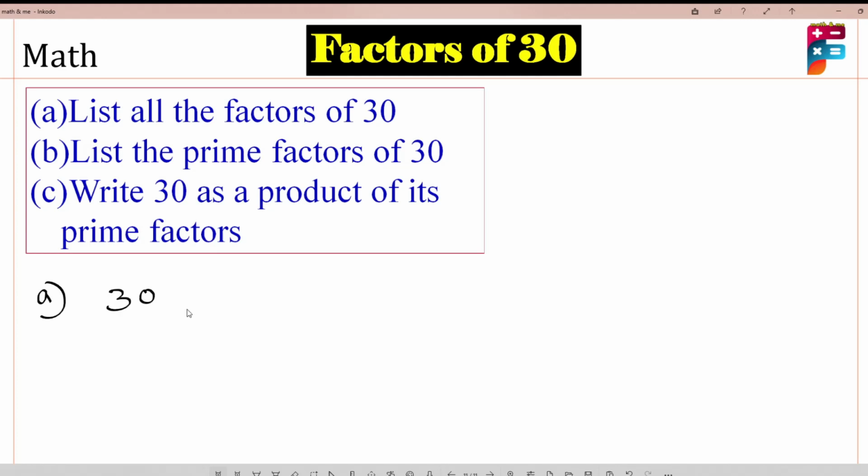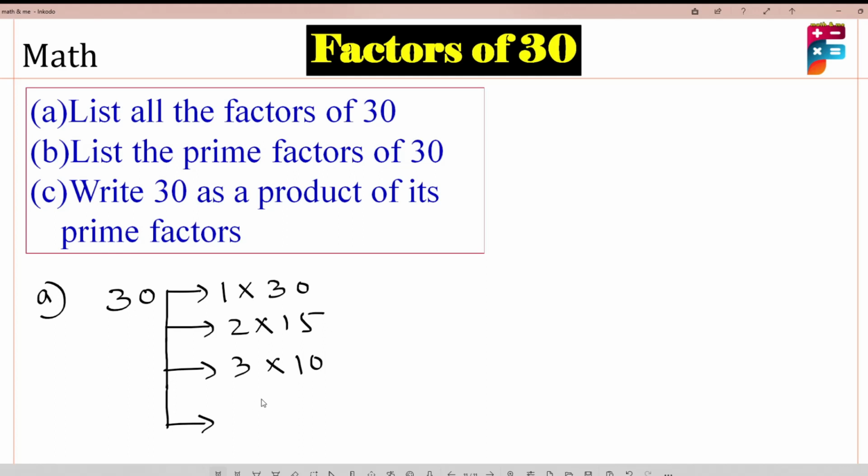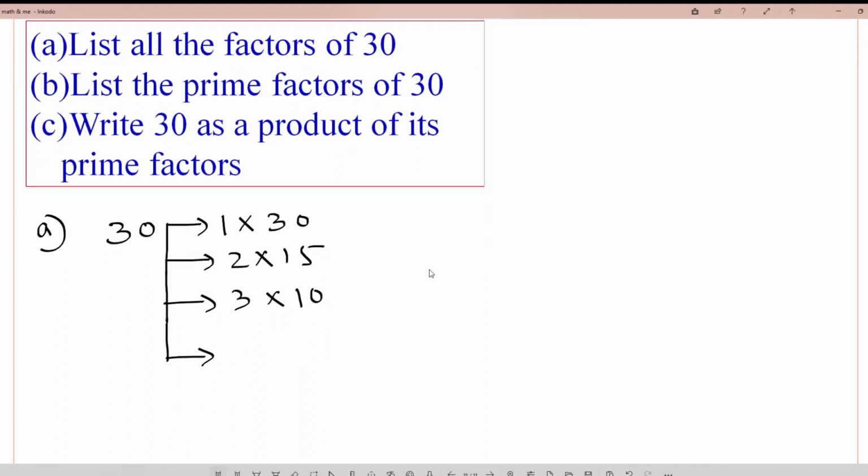So look, 1 into 30, 2 into 15 means 30, 3 into 10 means 30, 4 not possible, 5 into 6 means 30, 7 not possible, 8 not possible, 9 not possible, 10, 15, 30.